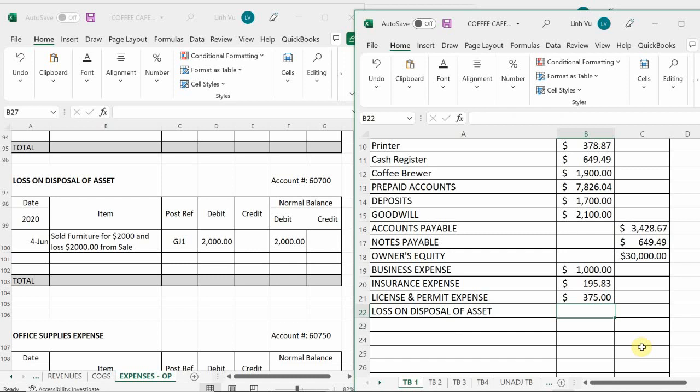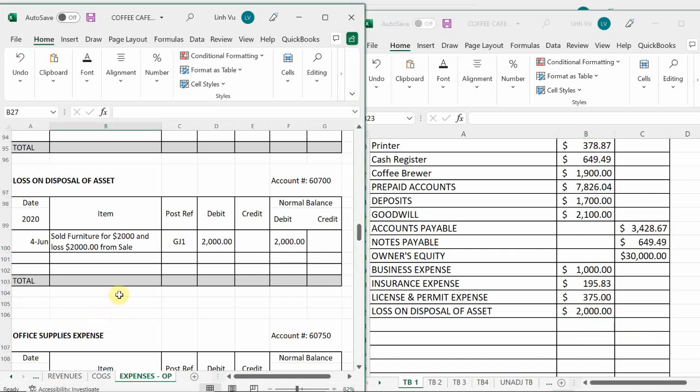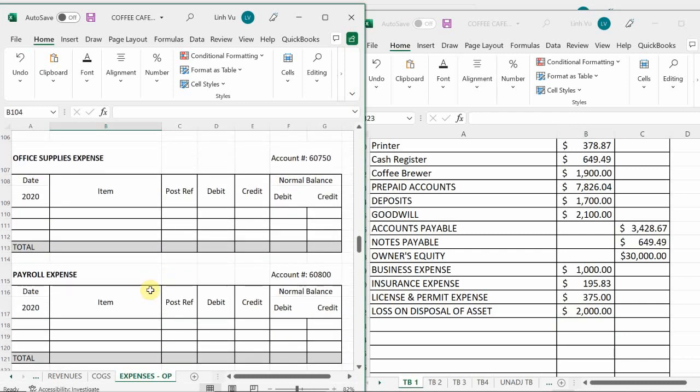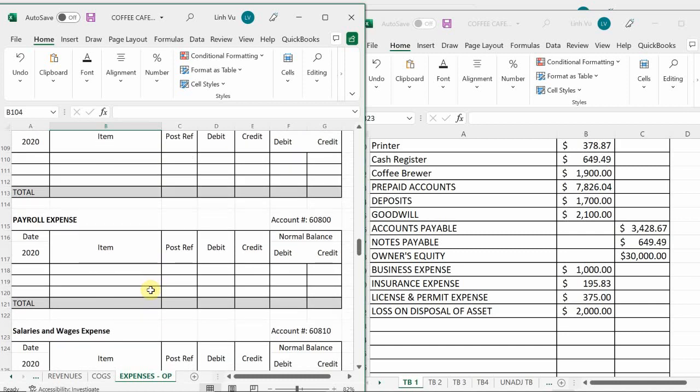So in this case, I ended up losing $2,000, because I originally paid $4,000 but only got $2,000 out of it. So I ended up with a loss when I sold my furniture. Office supplies expense. We haven't bought office supplies yet, so we haven't incurred any expenses on that.